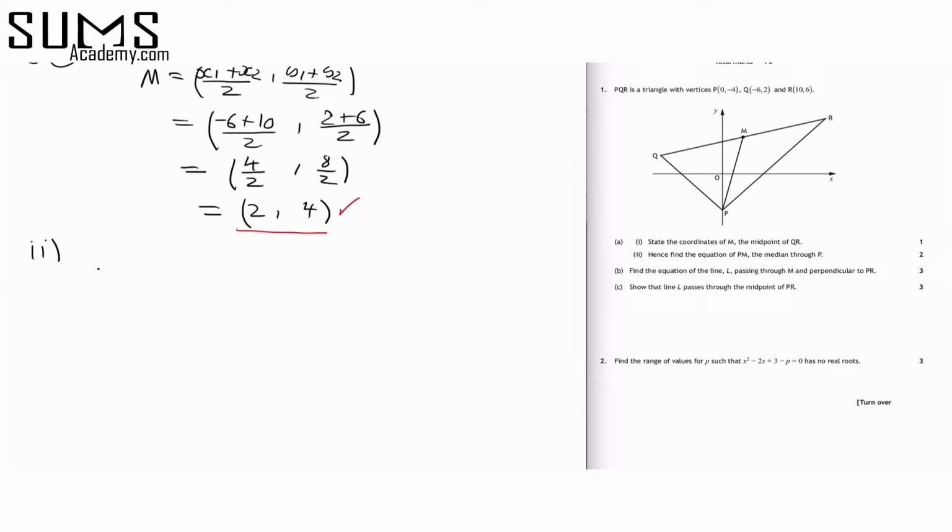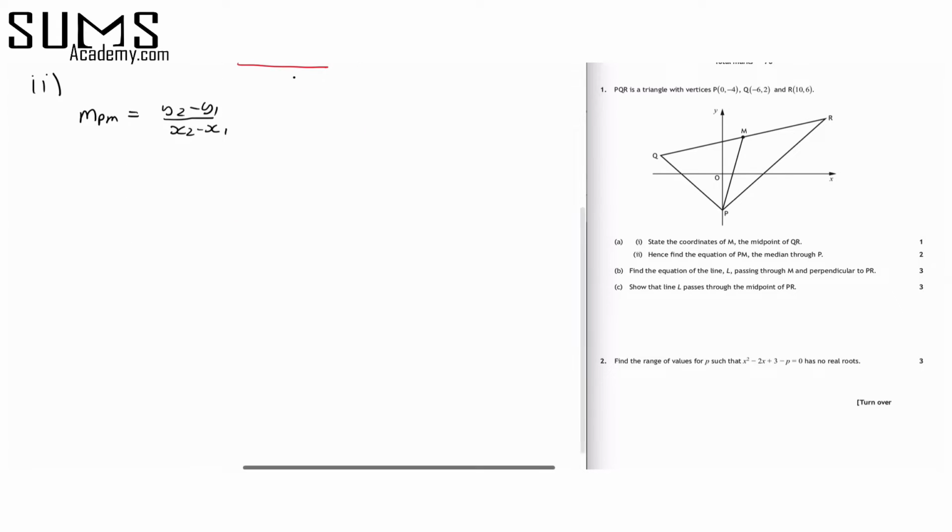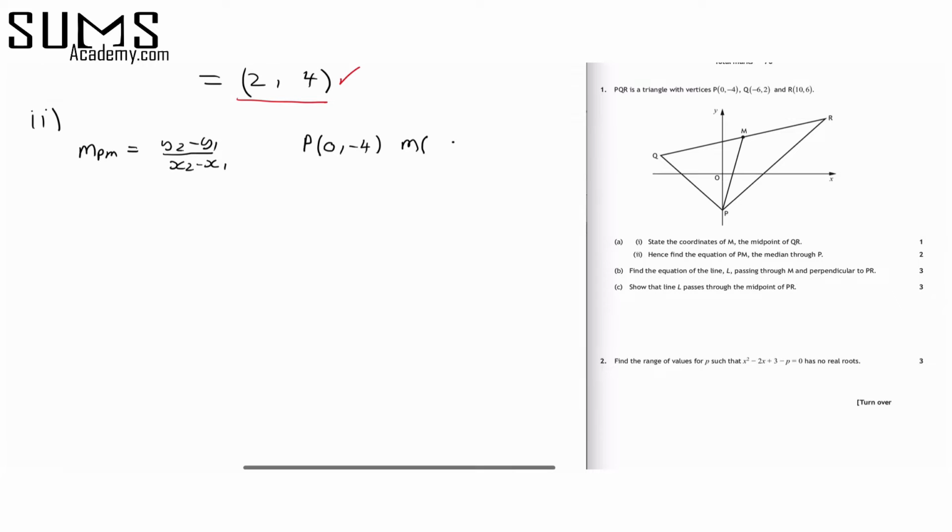The gradient is y2 minus y1 all over x2 minus x1. Now the points are P, which is (0, -4), and M, which we just worked out, (2, 4).